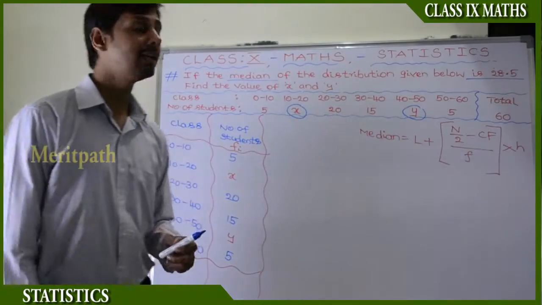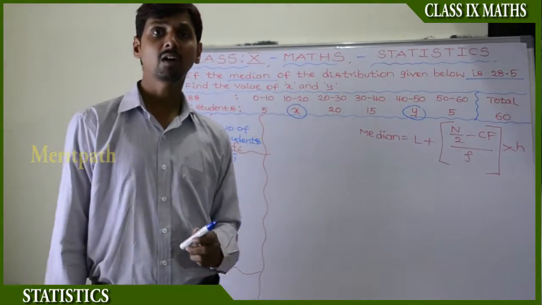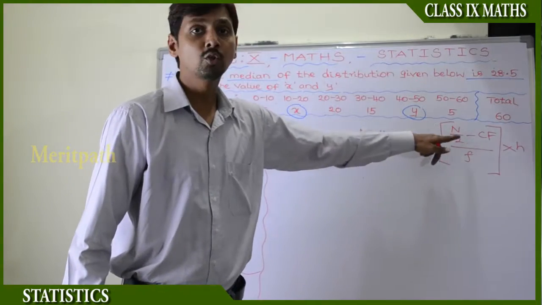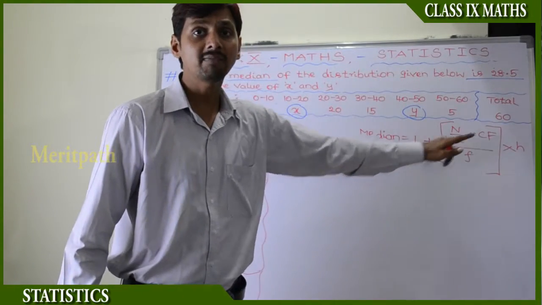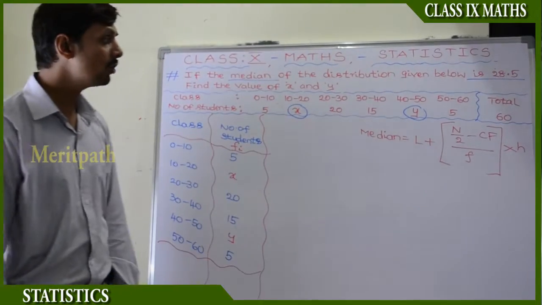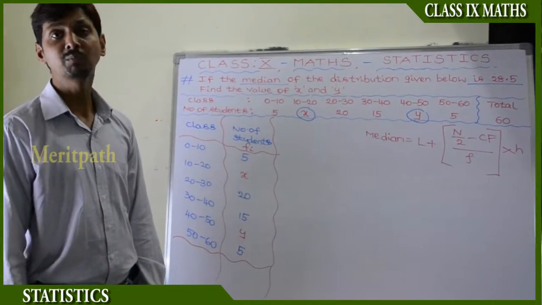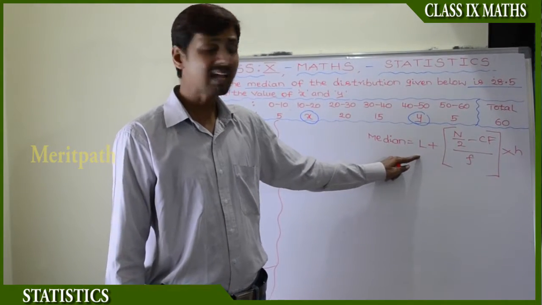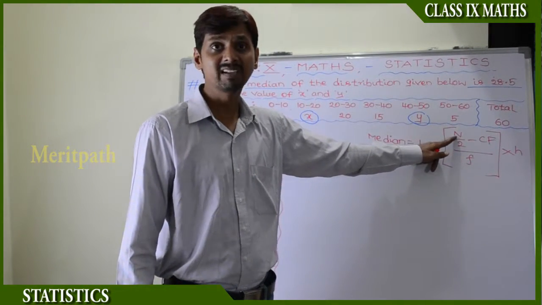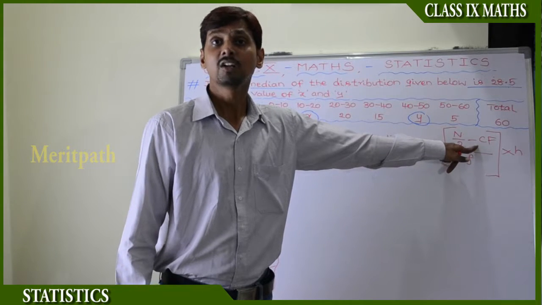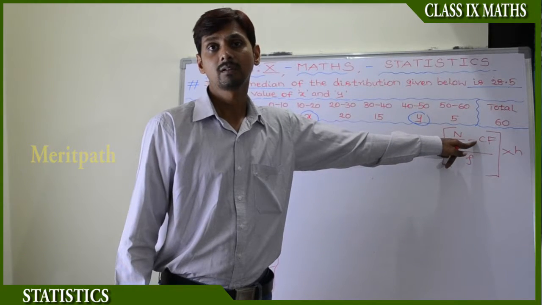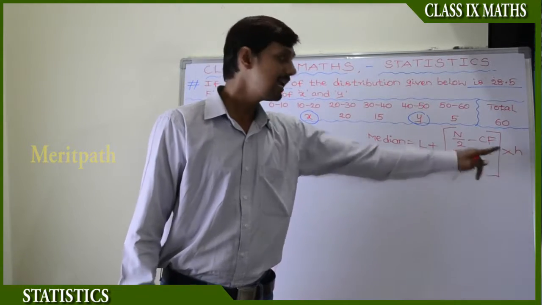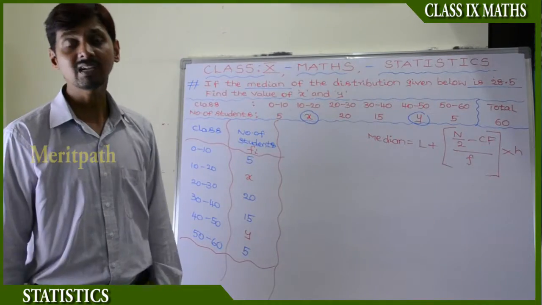Here L is the lower boundary of the median class, N is the sum of the frequencies, CF is the cumulative frequency, small f is the frequency of the median class, and h is the length of the class interval.